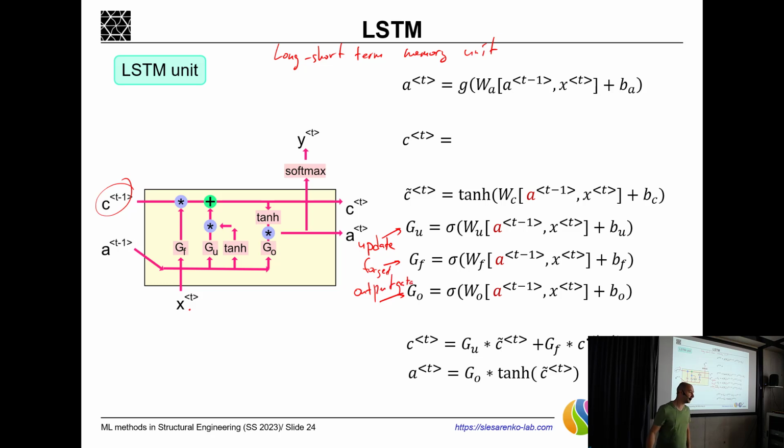So again, right now we have another variable that we are carrying through the system, and the state of this variable, as you can see here, depends on a current guess, but also on the update gate and forget gate. So if we want to forget a previous value, this C will be multiplied by something very, very close to 0.